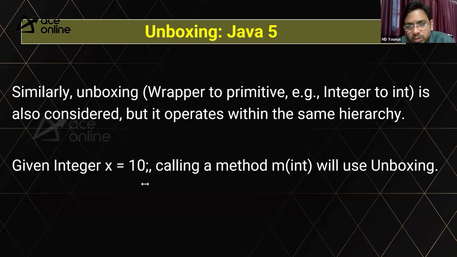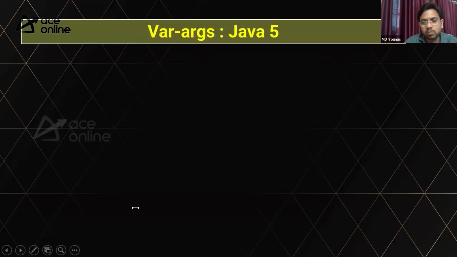Auto boxing means converting from primitive to wrapper, and the reverse is called auto unboxing. From Java 5 onwards, these two concepts got added. Whenever you convert from primitive to wrapper, we call it auto boxing, and whenever we convert from wrapper to primitive, it is called auto unboxing. So this is all about auto boxing and auto unboxing.